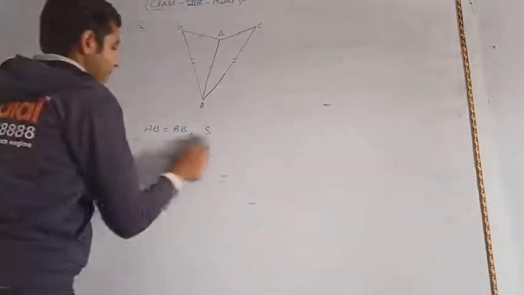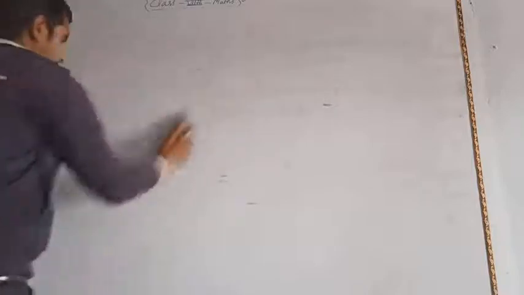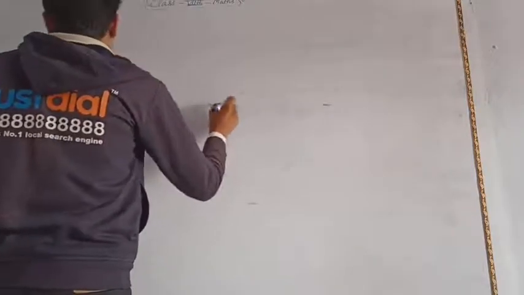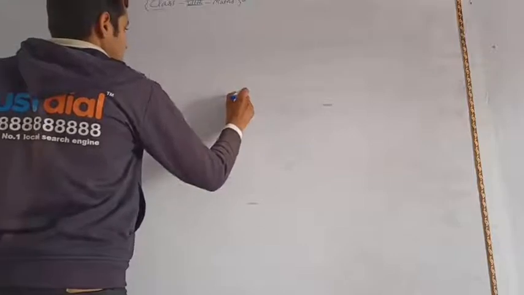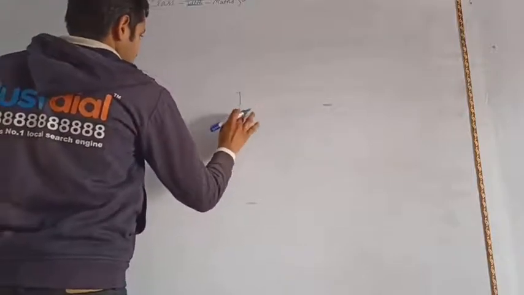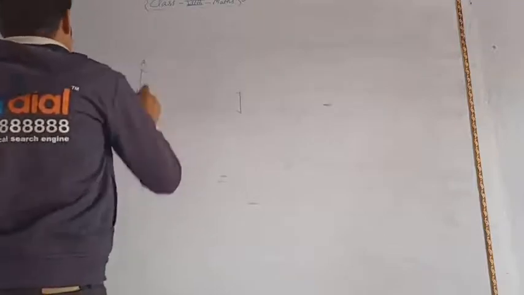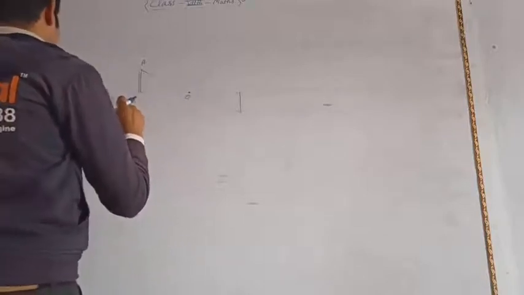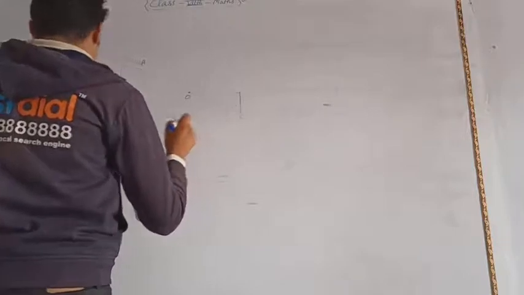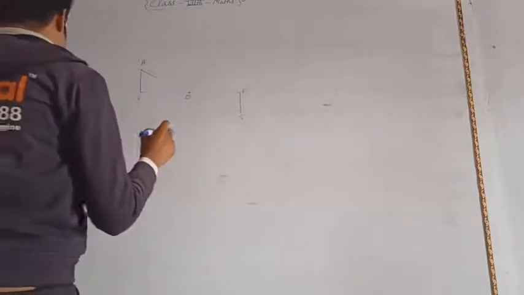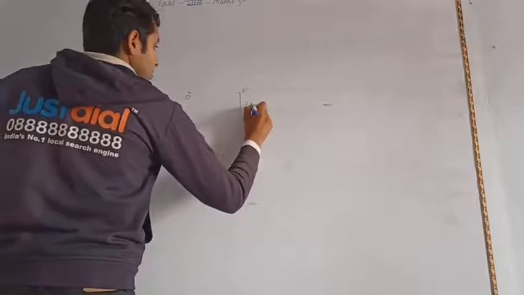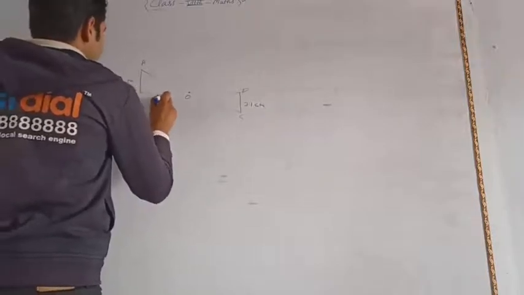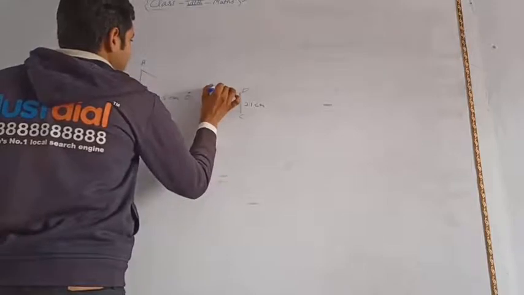Again, in part B also such a type of figure is given, in which this is A, B, and point O is where lines AC and BD intersect. It is also given that this is 3.1 centimeter, and this is also 3.1 centimeter, and 4.5 centimeter, and this is also 4.5 centimeter.